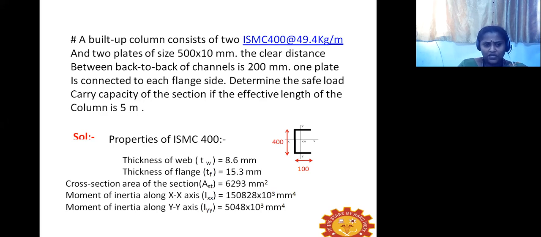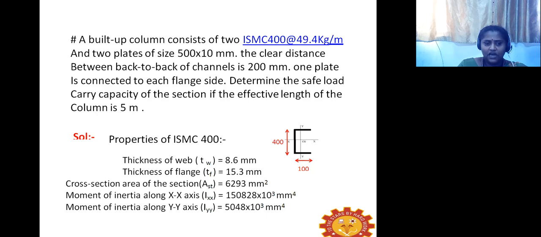What is the purpose? First of all, if the load carrying capacity is more and that cannot be satisfied by a single element, in that case you can go for one more member together, and the two members may be connected with the help of plates.